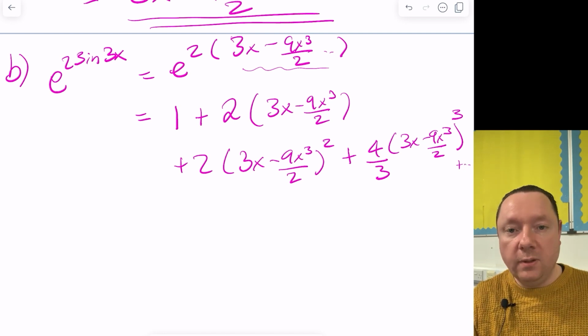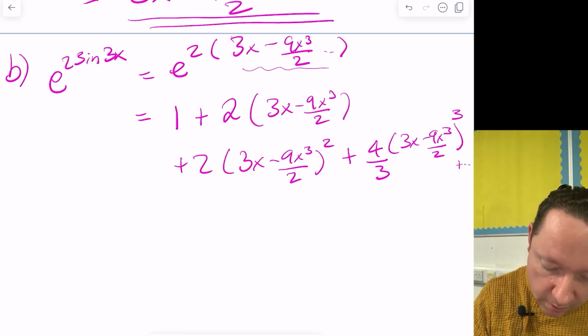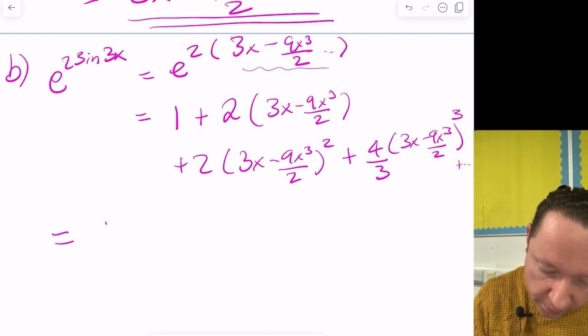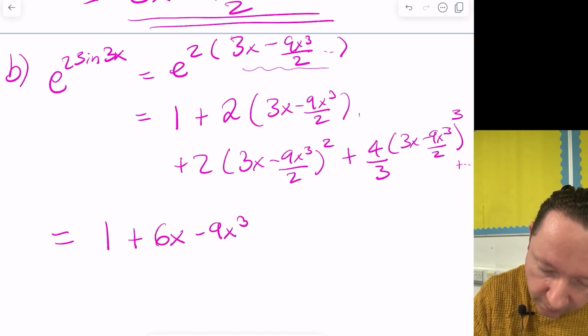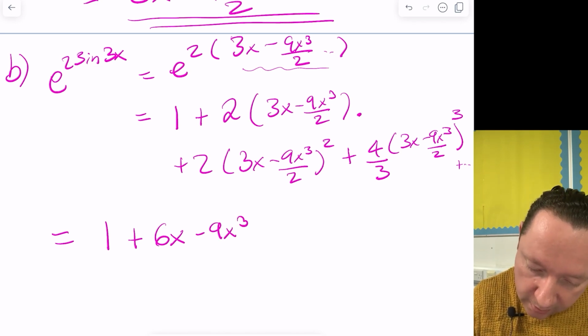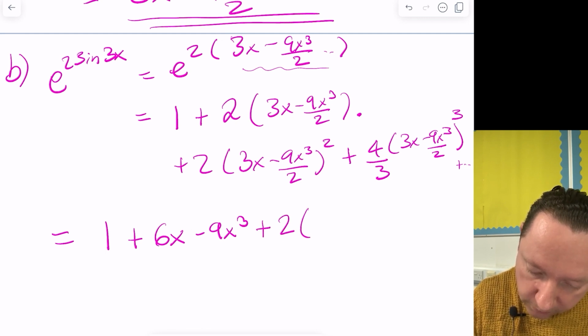Now remember, you only need to go up to x cubed, so you can ignore a lot of them. So that gives me 1 plus 6x. 2's cancel, so minus 9x cubed. So I've done that line. Next line, 2. I'll have 3x times 3x is 9x squared.